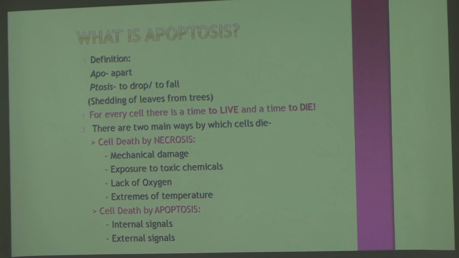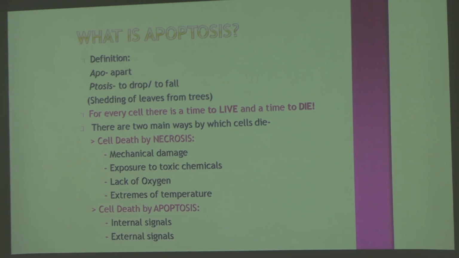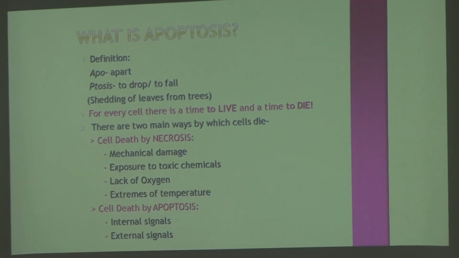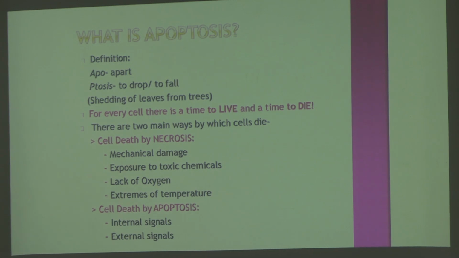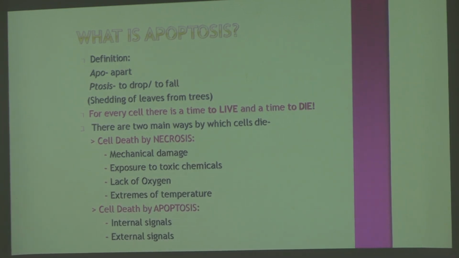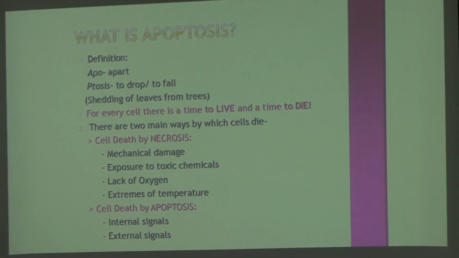Another stimuli comes from outside the cell. So the stimuli are of two types, internal and external. Whereas necrosis is caused by mechanical damage, exposure to toxic substances, lack of oxygen, extreme temperature and so on. Okay?